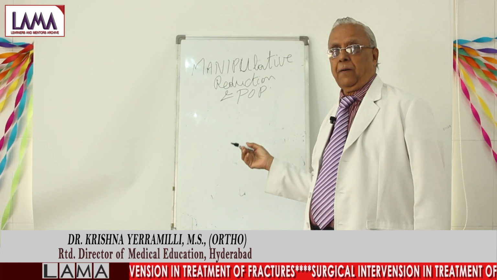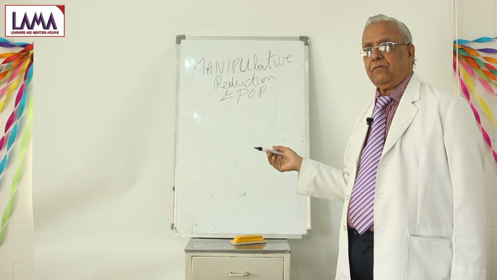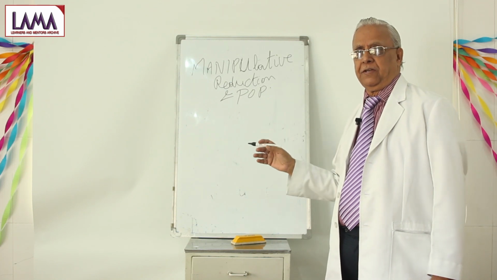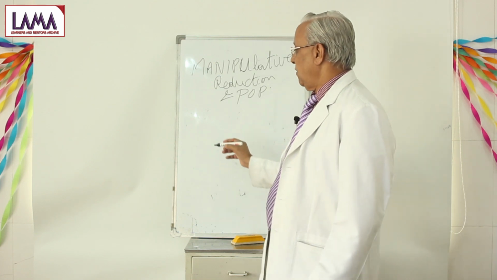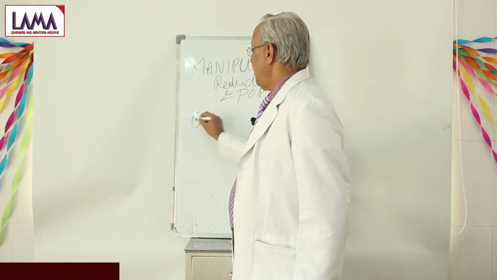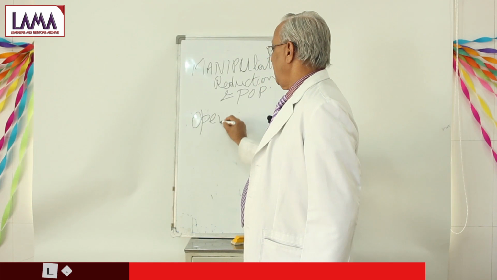This is the simplest operative procedure wherein we try to put back the fragments in position, then apply the plaster of Paris. Second is broadly open reduction and internal fixation.